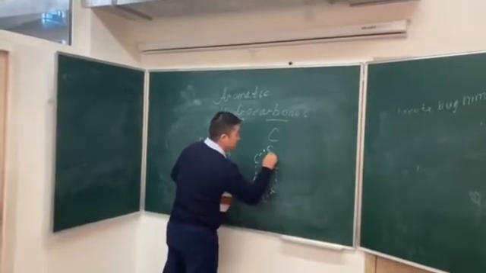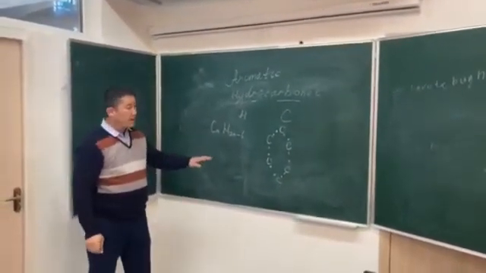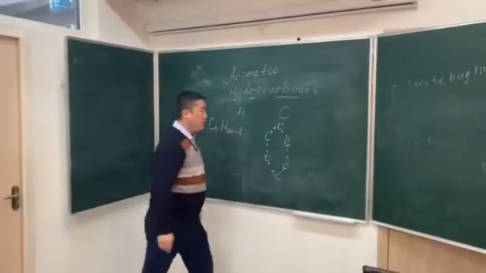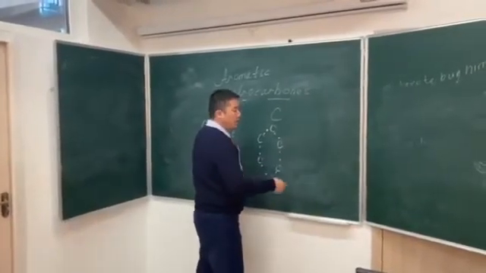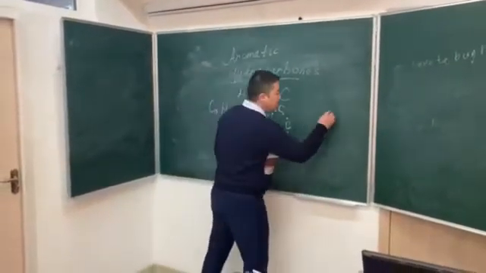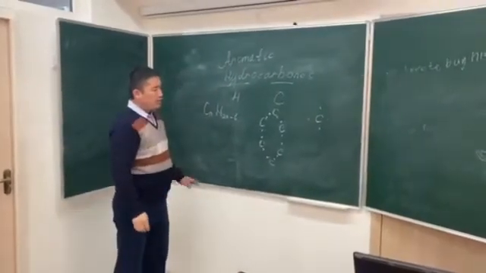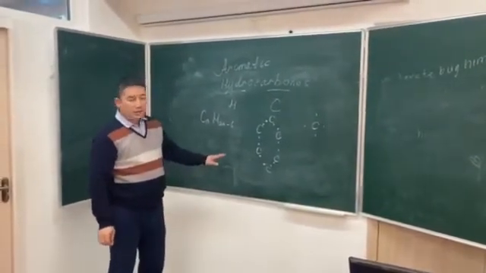Last lesson we learned about carbon. Every carbon in compounds has 4 valence electrons. It always uses 4 electrons to bond with other atoms.